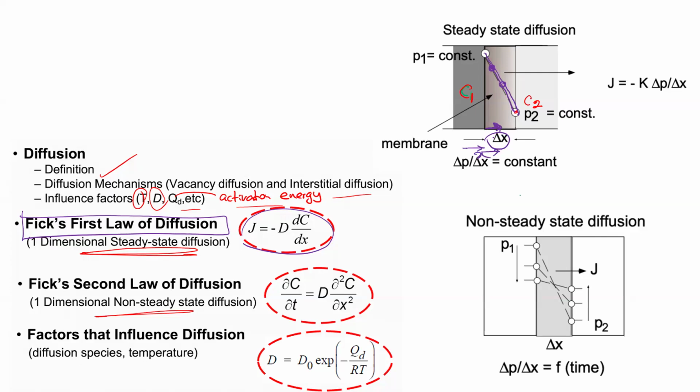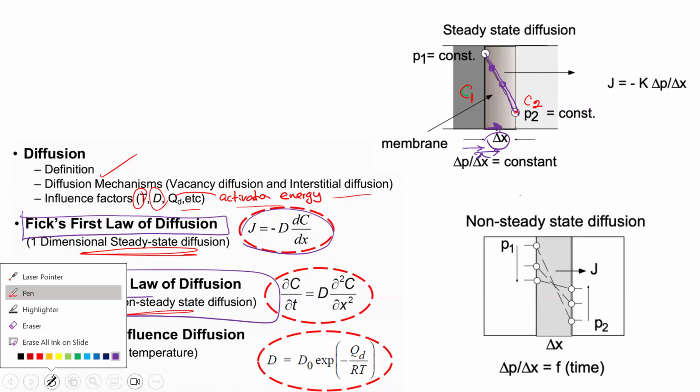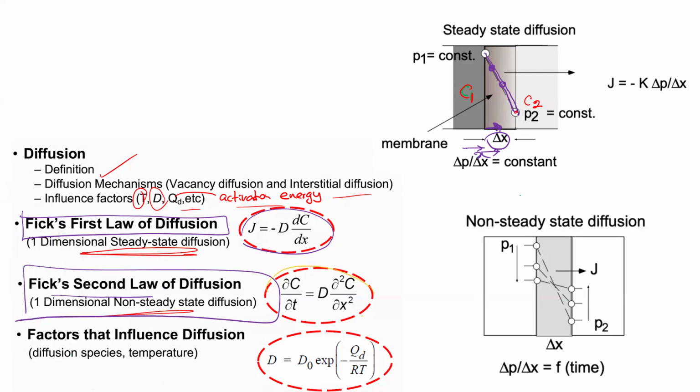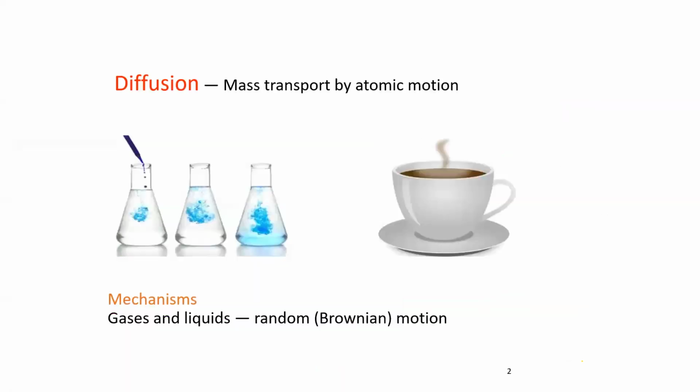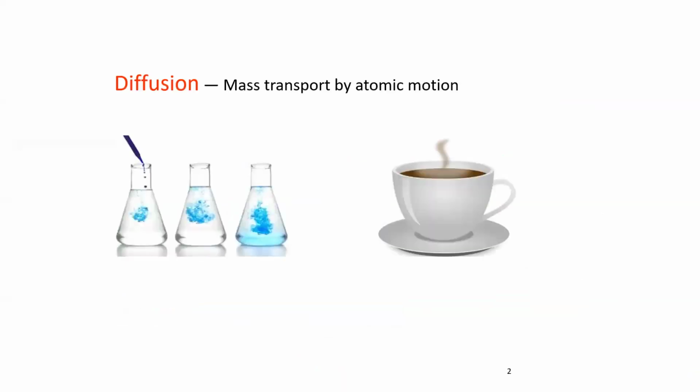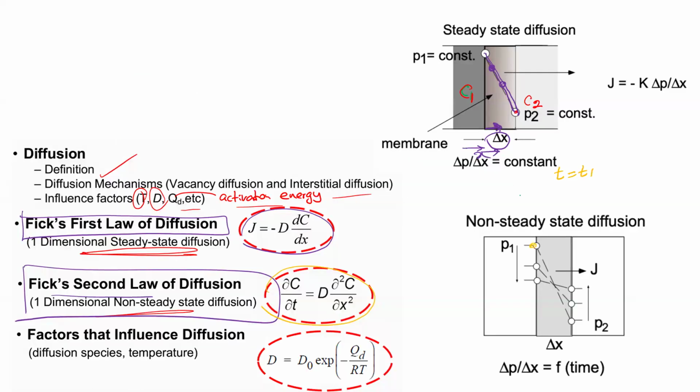Okay. Secondly, in non-steady state diffusion, we can apply Fick's second law of diffusion. So we need to consider the second derivative. Here you can see this is the equation that we are going to use. In that one, the concentration at a certain point is changing with the time. For example, when you consider time equals T1, you have the concentration at this point, as I have shown here, and with the distance, the concentration is changing like this.